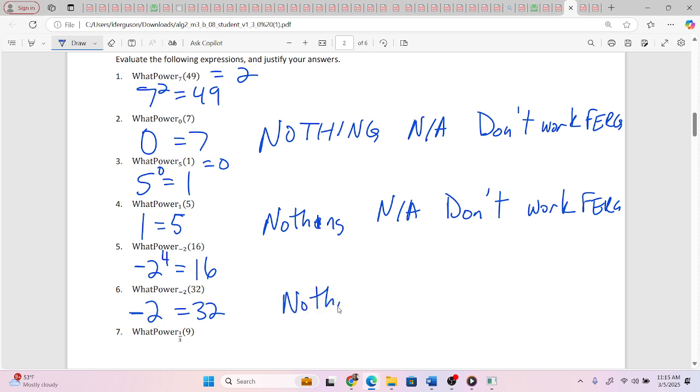Nothing. Can't do it, because I'm starting with the negative number. 2 to the 5th power equals 32. Is 5 even? No, it's not. So if I start with the negative, I'm going to end with the negative if my exponent is odd. So that don't work, Ferg.